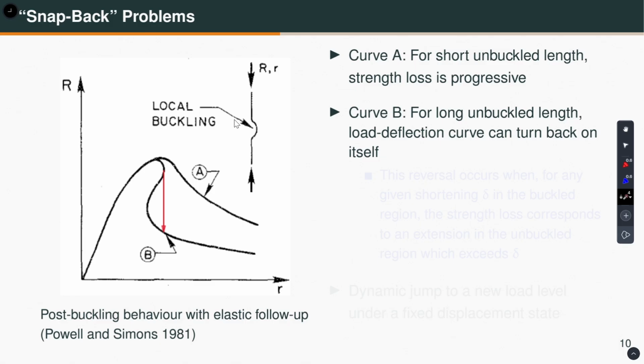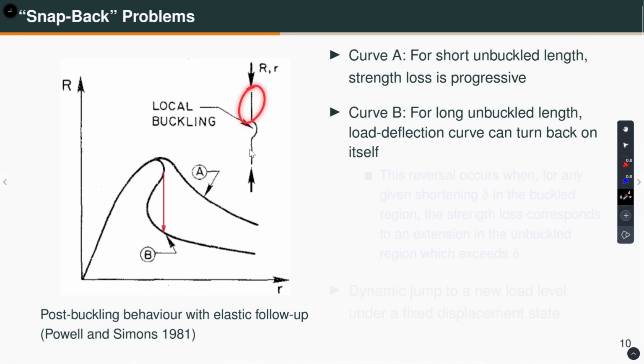When this is large, the extension is also large. When the extension is larger than this shortening, the total displacement of this point turns back like this, because this shortening is smaller than the extension of this, which is associated with unloading, because the moment force reduces, this has to unload.